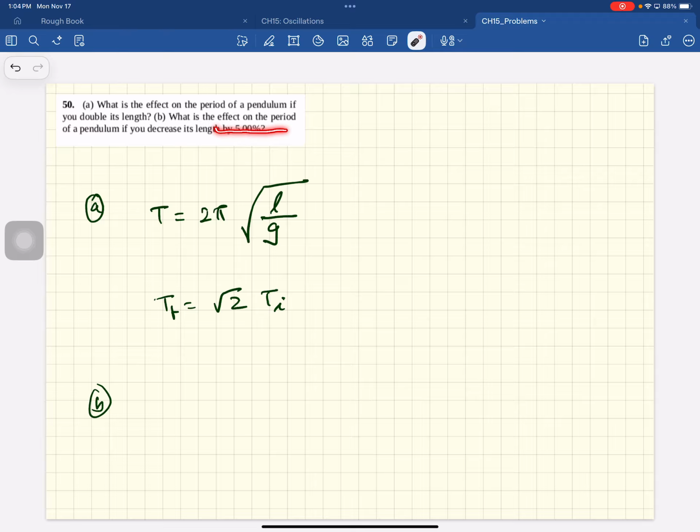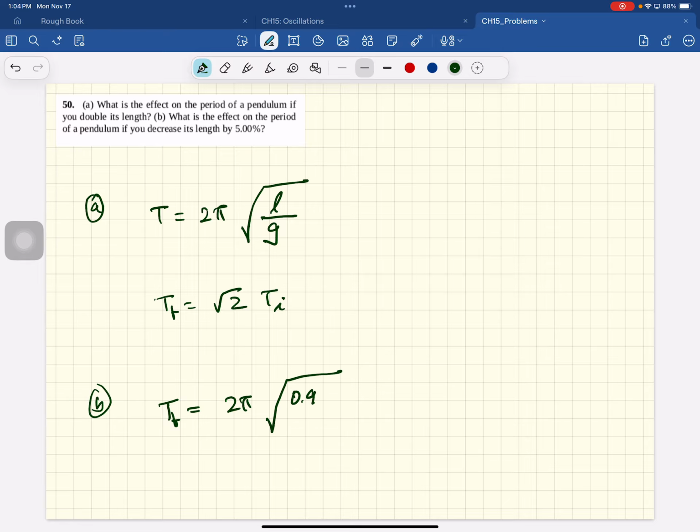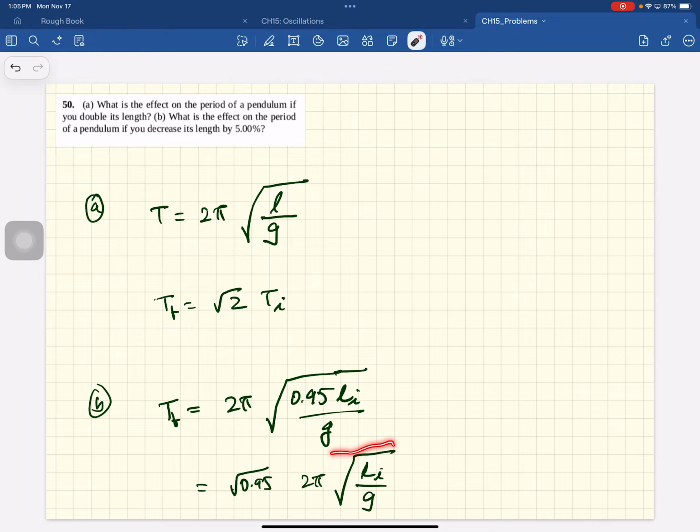What is the effect on the period of the pendulum if you decrease its length by 5%? Okay, so T final is equal to 2 pi square root of 0.95 times the initial length divided by g. So T final will be square root of 0.95 times 2 pi square root of L over g, and this is the initial period.